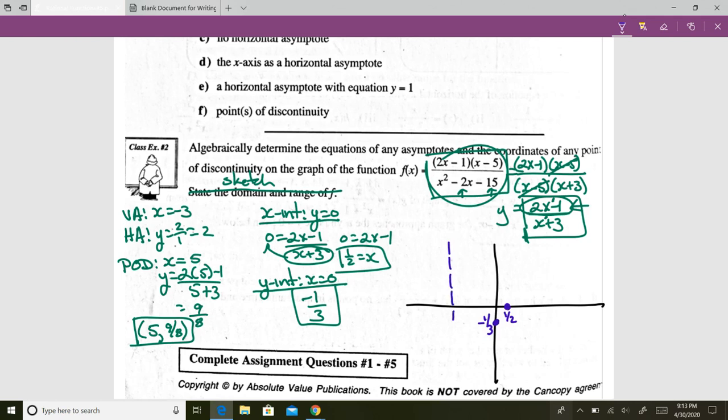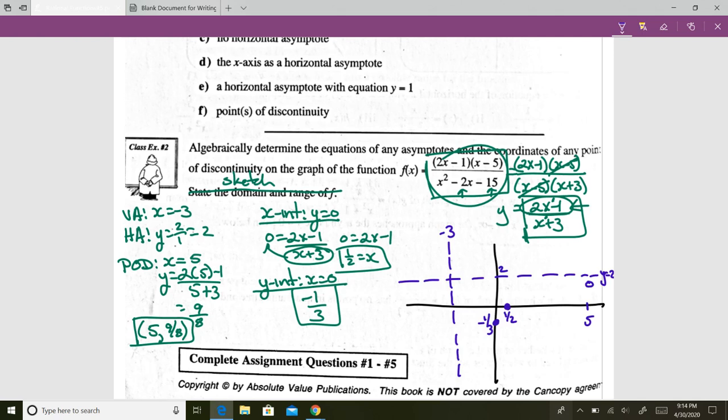Yes, that's where -3 is. Horizontal asymptote is 2. Y is equal to 2. We have a POD at 5 and 9/8. So 5 would be somewhere out here. 9/8 is less than 2, so just mark a hole there.